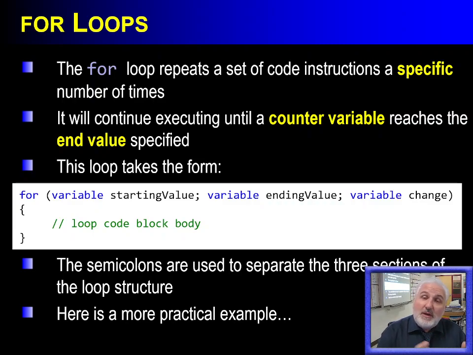Semicolons separate three parts of the for loop structure: the starting value, the ending value, and the change value. So we'll see this in a more structured example, but the general way a for loop can be thought of is, what do I start at, what do I end at, and what do I change by? And for loops are generally used for counting scenarios.